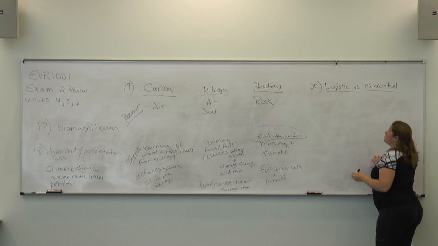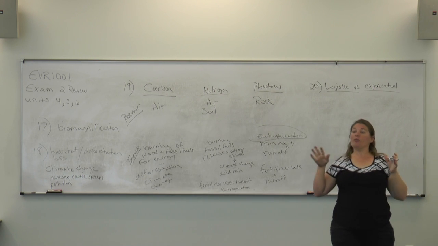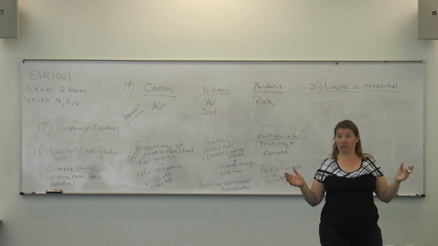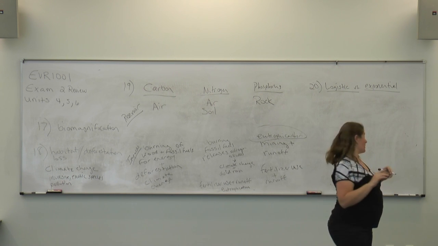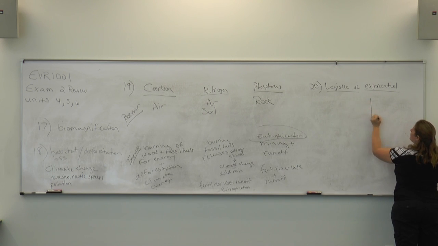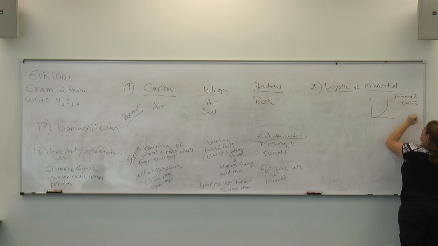Okay. So let me ask you this question. Which of these growth patterns is how the human population has been growing since the Industrial Revolution? Have we been growing logistically or exponentially? Exponentially. Okay? And what is the shape of that growth curve? A J-shaped curve. You got the J-shaped curve of exponential growth.